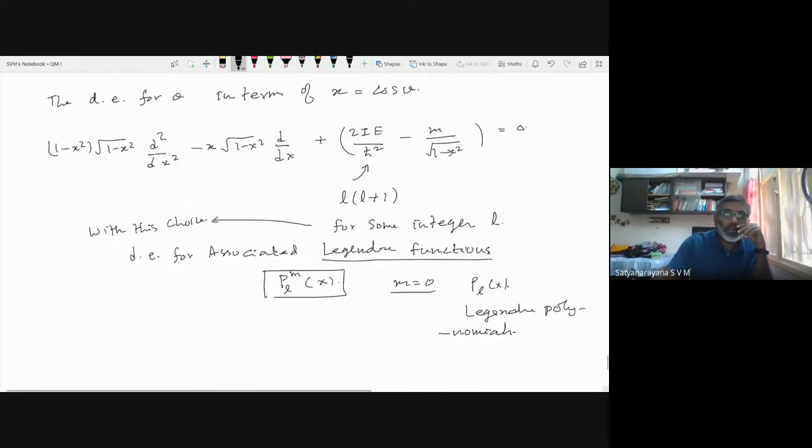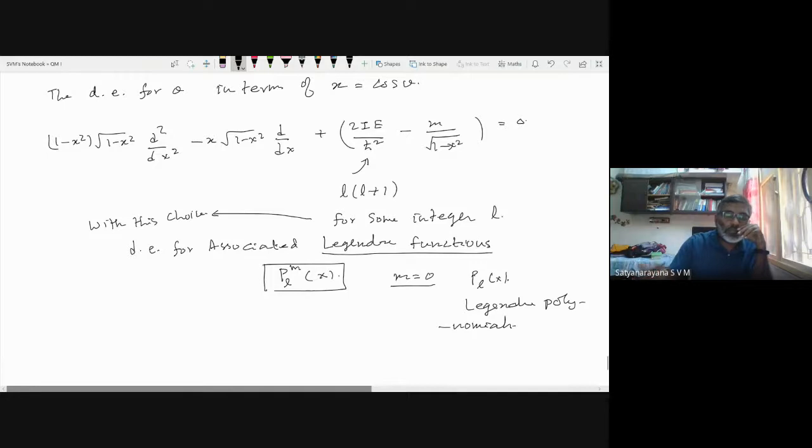Okay, and we will do this in more detail in the next class. But I wanted to tell you that the complete solution, this psi of theta comma phi, will be a function of this and this. So this is what is called spherical harmonics.